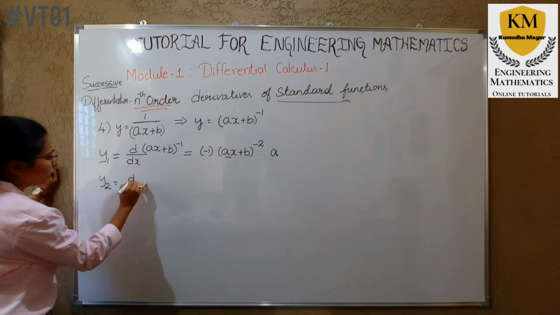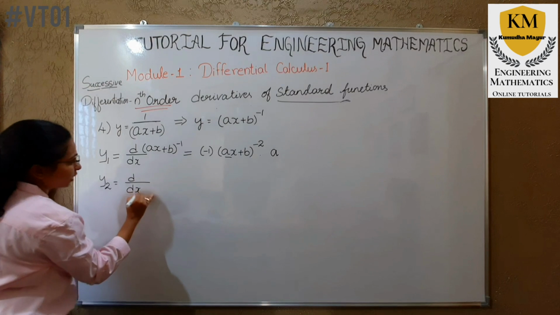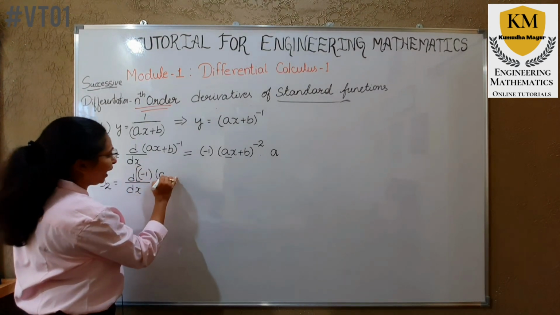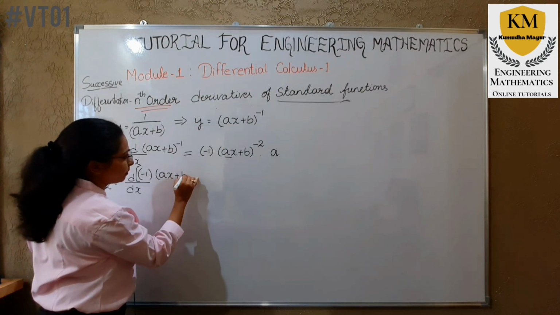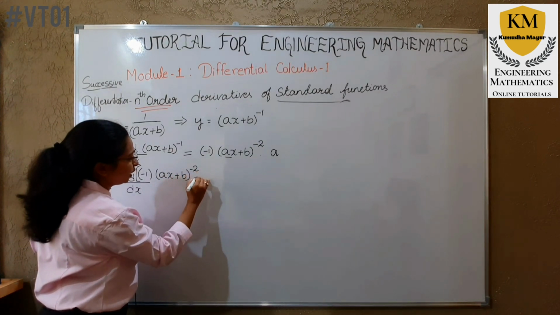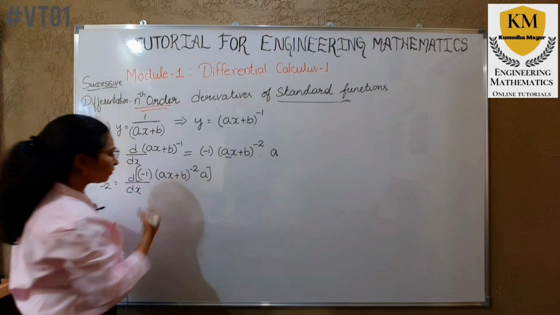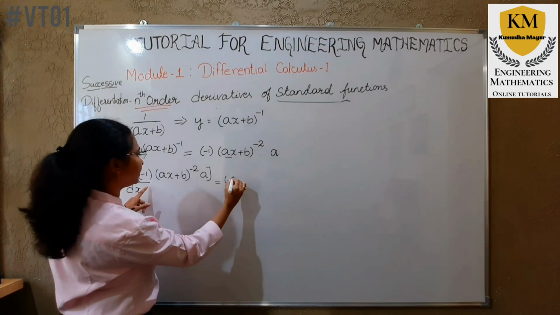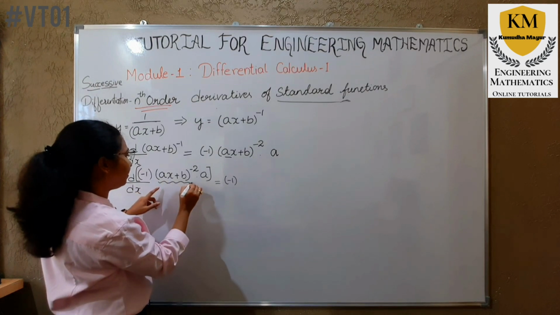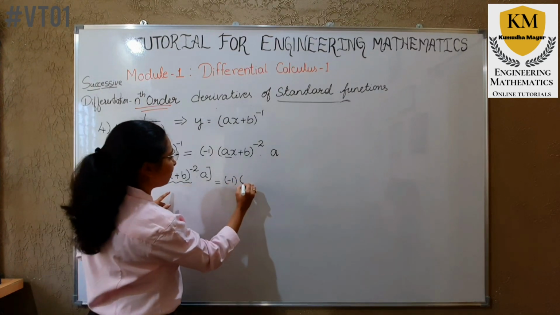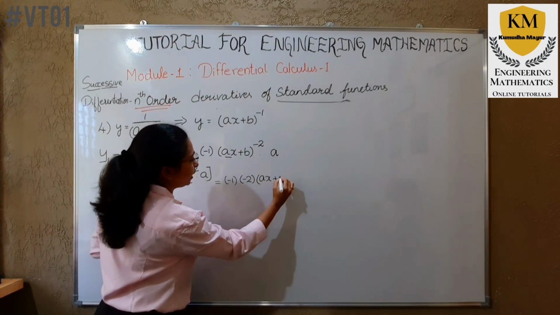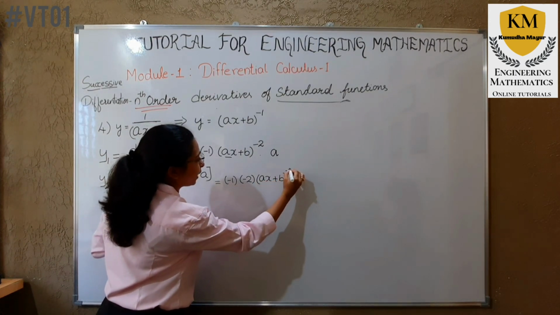y2 is equal to d by dx of minus 1 into (ax plus b) to the power minus 2 into a. When you differentiate this, minus 1 I will write as it is. When you differentiate this particular part, you will get minus 2 into (ax plus b) to the power minus 3.